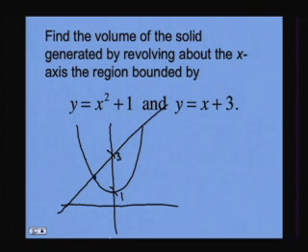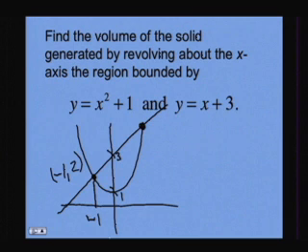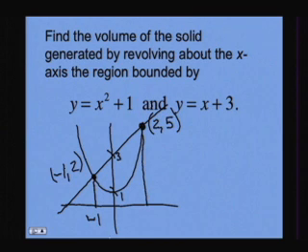This point over here, that point of intersection, would be the point (-1, 2), which means that our limit of integration starts with x equaling -1. Over here, this point of intersection is (2, 5). So that limit of integration for x would be 2.